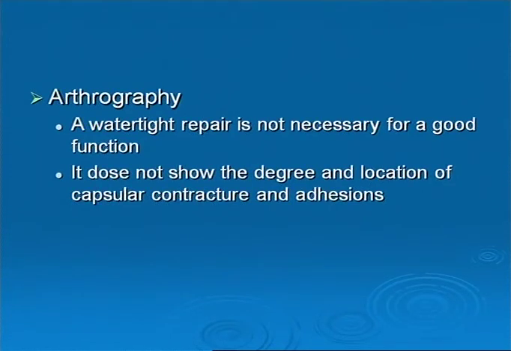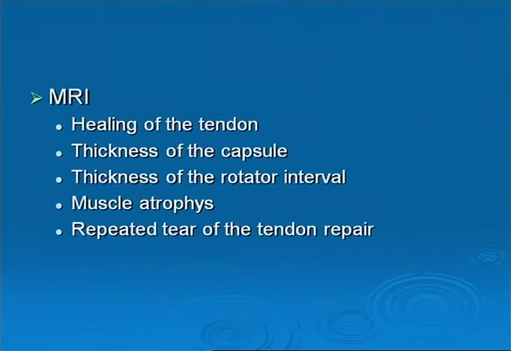It will not give a lot of information, but you might see the repair of the cuff; you cannot get any information about the capsule. MRI is very useful. You can see the healing of the tendons, thickness of the capsule, thickness of the rotator interval, muscle condition, and if there is a repeated tear after a repaired tendon.